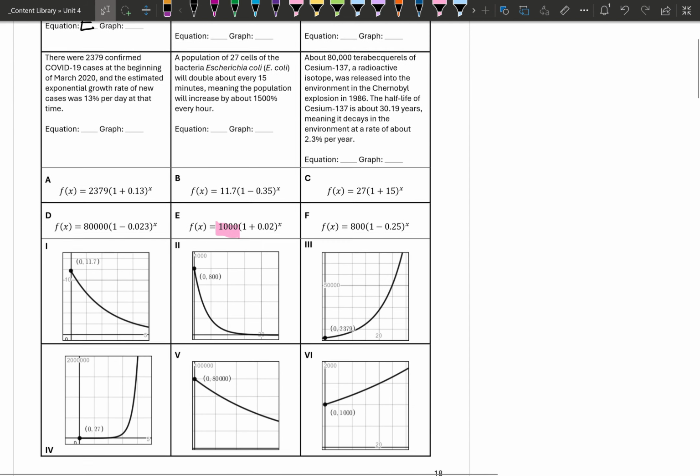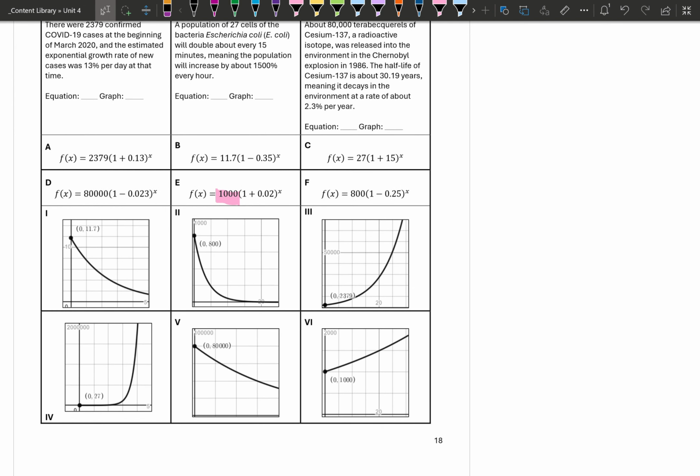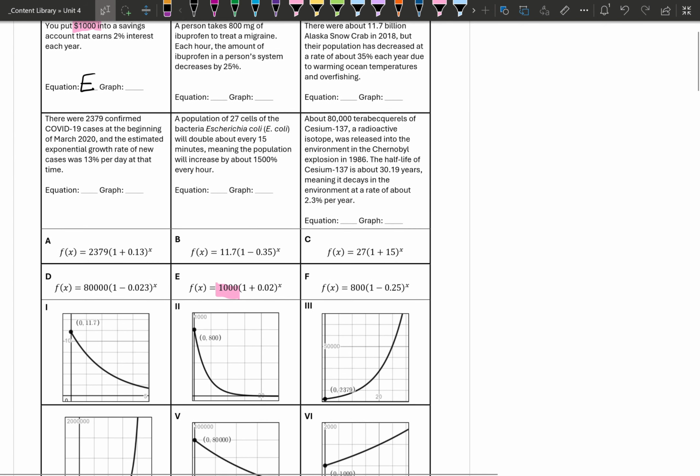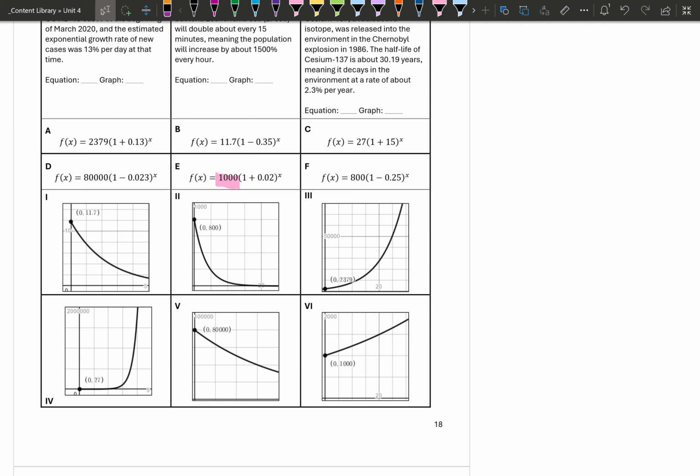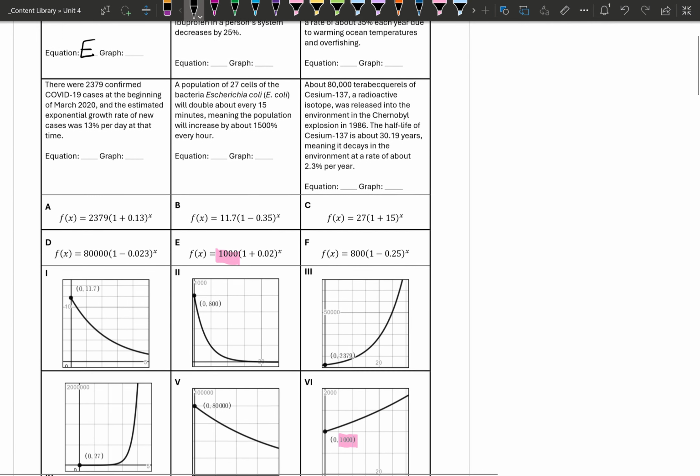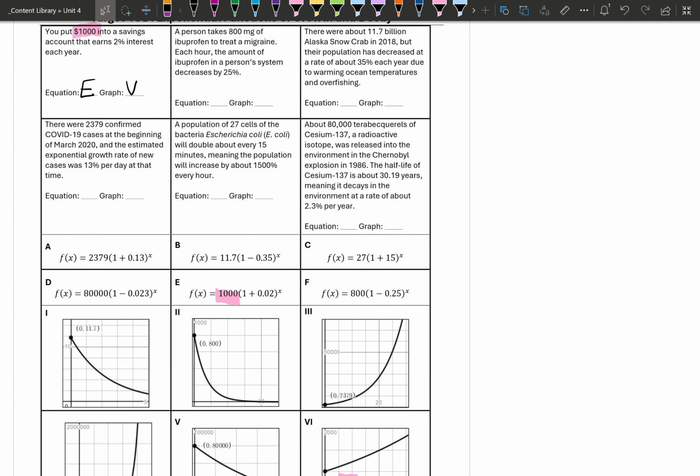Now look at the 6 graphs. Which one do you think matches our graph? Use the same kind of idea as you did to match the problem to the equation. Do you see how the 6th graph has 0, 1,000? Because that's our starting point. So, equation E, graph 6.